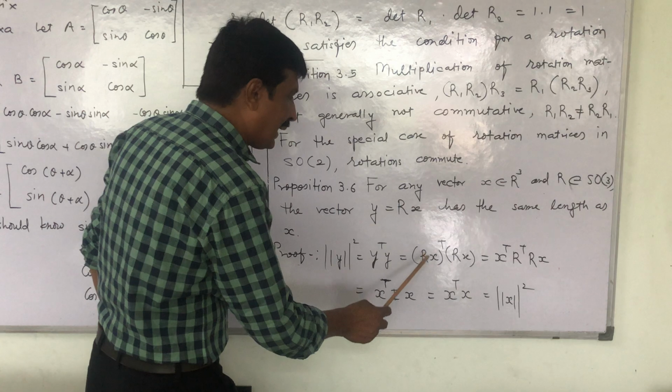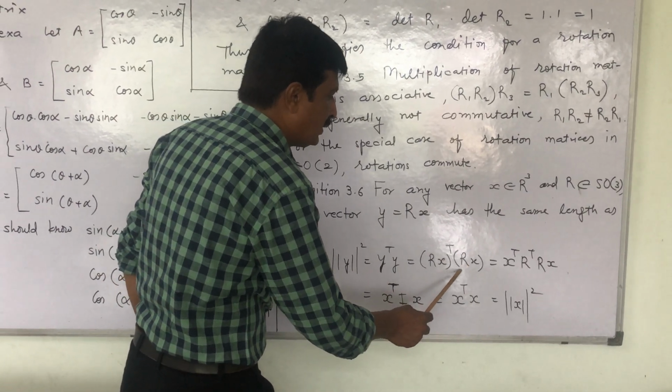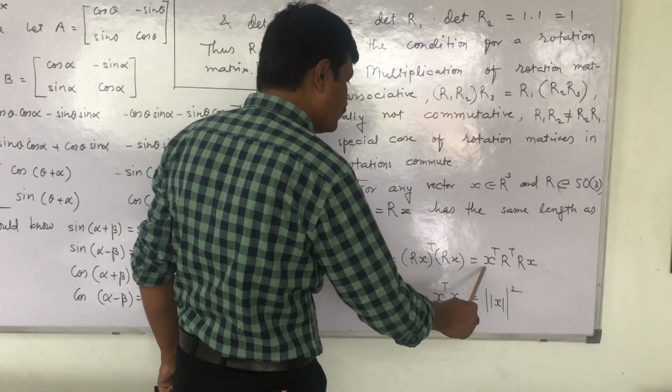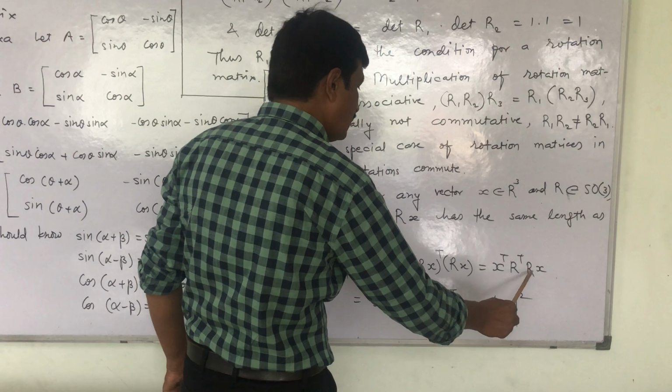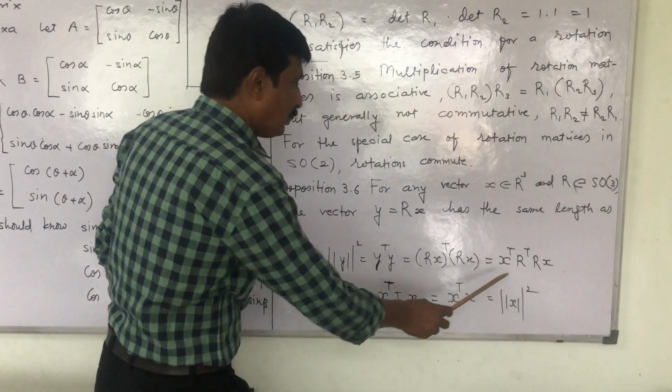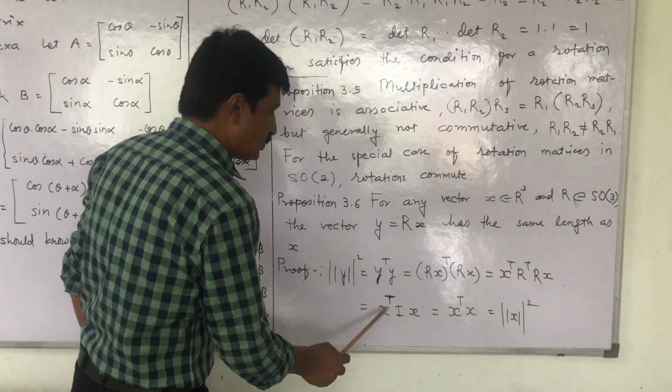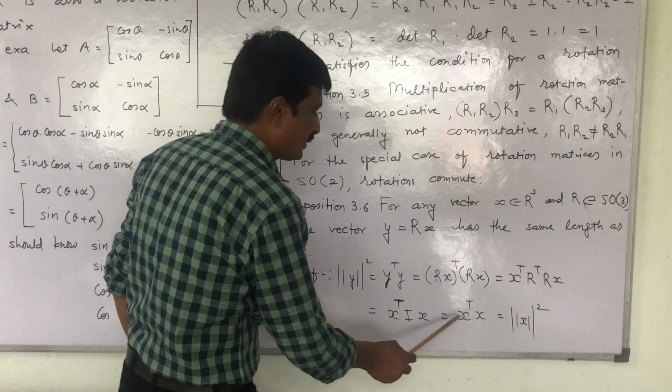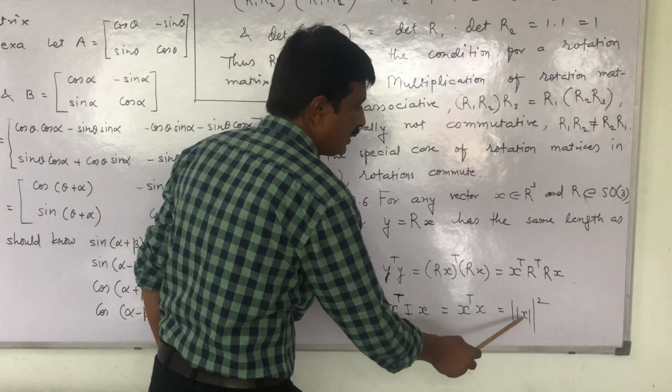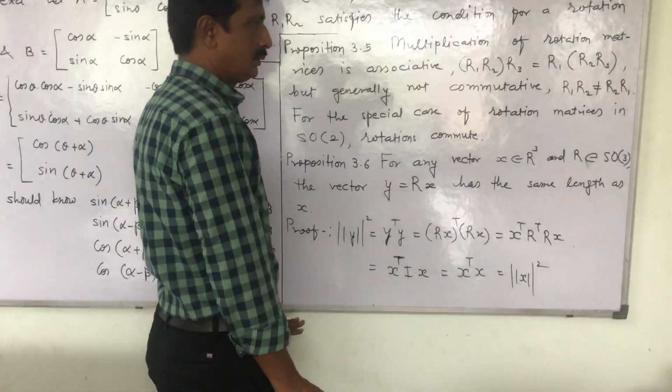But Y is replaced by RX. So (RX) transpose into RX, that is X transpose R transpose RX. But R transpose into R is the identity matrix. So X transpose into I into X, that is X transpose into X, that is mod X whole square. Done.